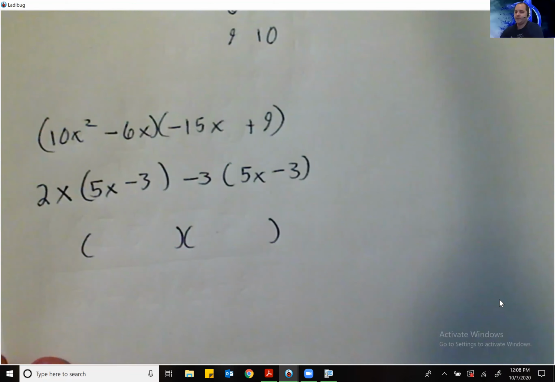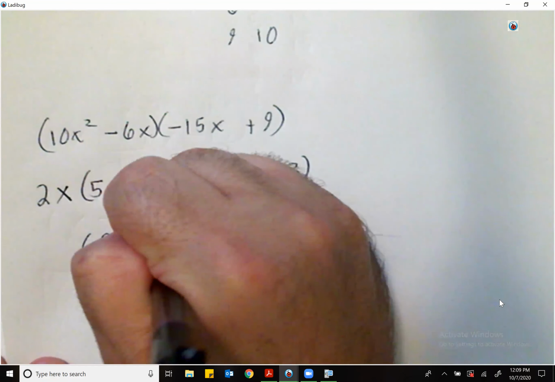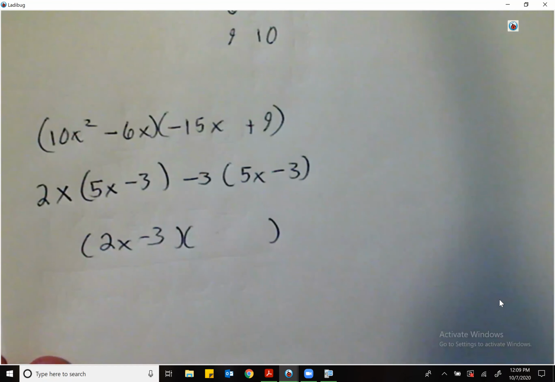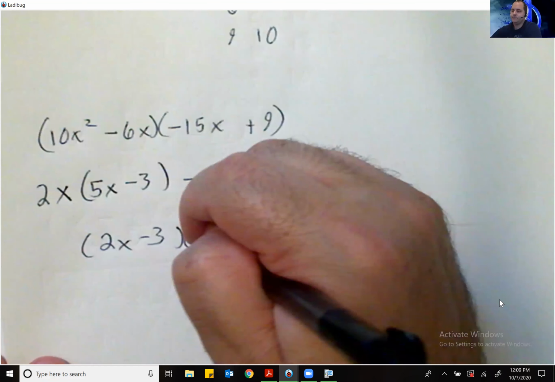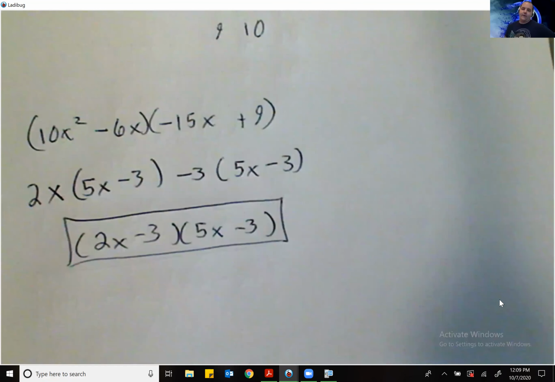Come on, give me my two parentheses. You already know the answer. 2x minus 3. 5x minus 3. There it is. Same answer that we got with slide and divide, just a different method. I don't care what method you do on your exam, and neither will your professor. Pick your method.